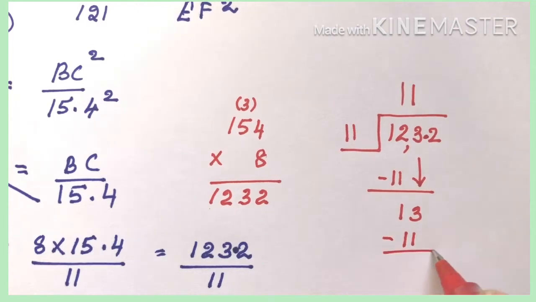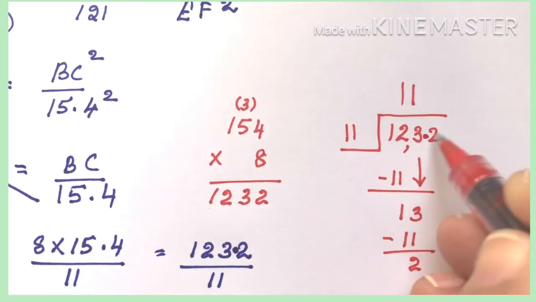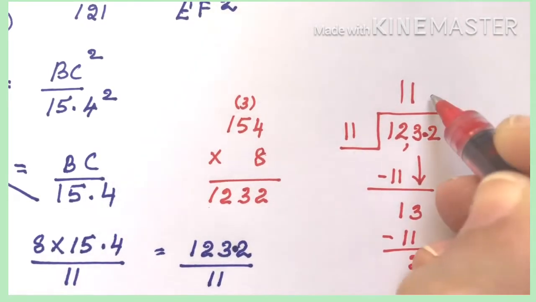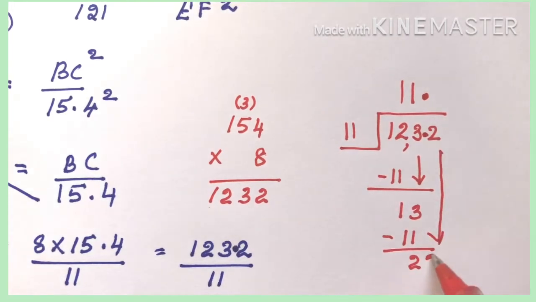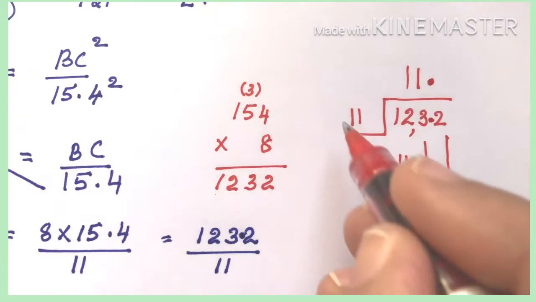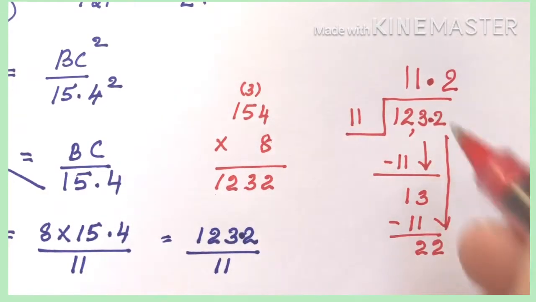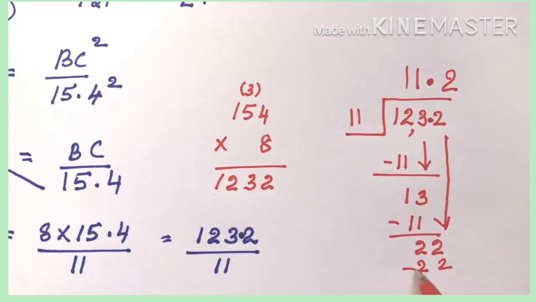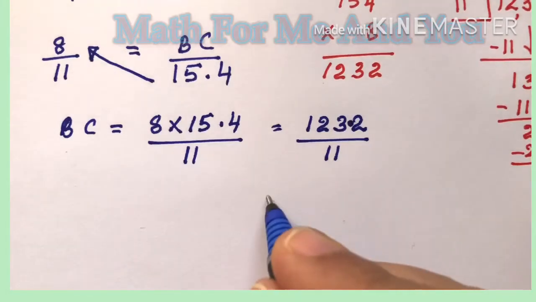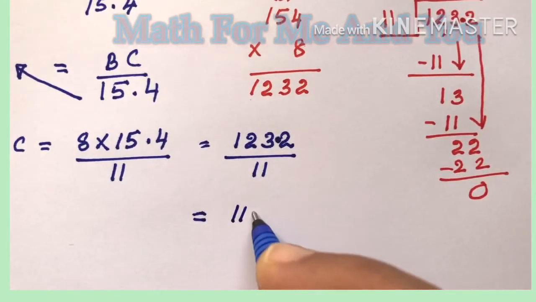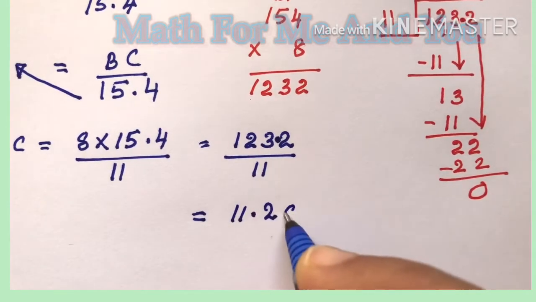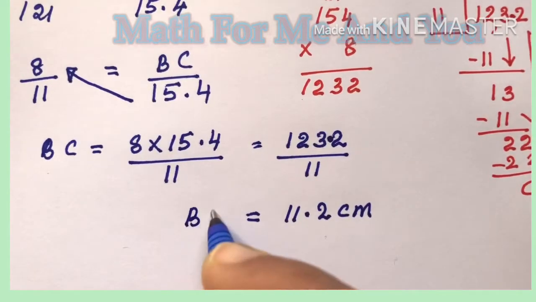The next digit we are going to bring down is after the point, so we need to put the point in the answer. After that, move that number down. Then we write 22, and 11 times 2 is 22. So write 22, and the remainder is 0. Finish the division. Then we get the answer for BC. It is 11.2. We can write BC is equal to 11.2, and the unit is centimeter. So the side is 11.2 centimeter and the answer is ready.